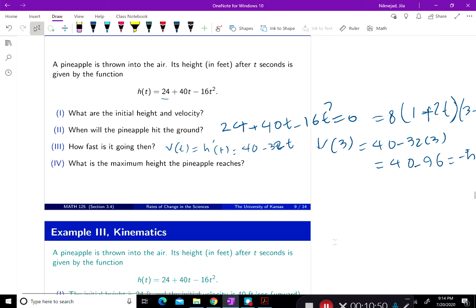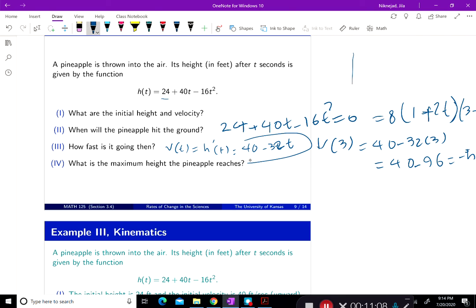Now, what is the maximum height that the pineapple reaches? So when does the pineapple reach the maximum height? It goes up, up, up, until the velocity becomes 0, and then it comes back down.